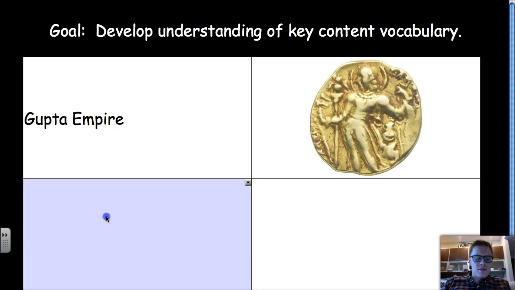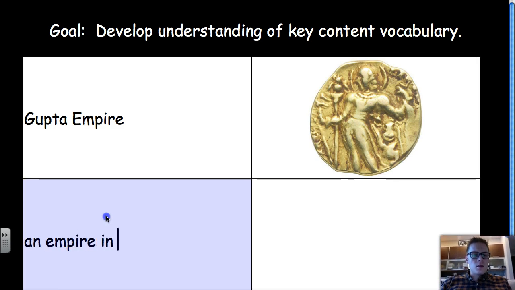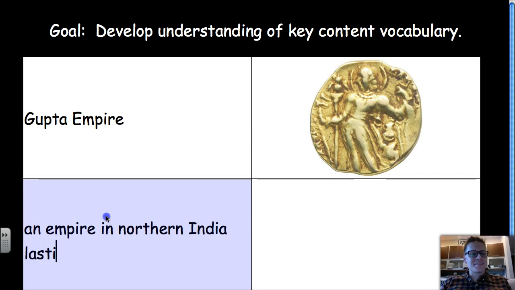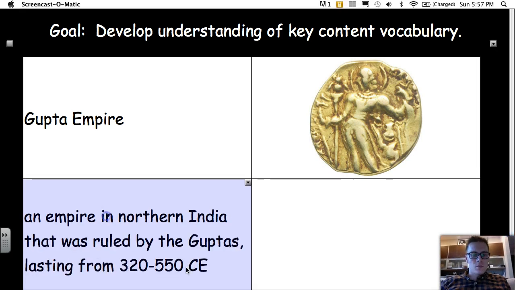So for my definition, I would say an empire in northern India, lasting from, let's say, 320 CE to 550 CE.